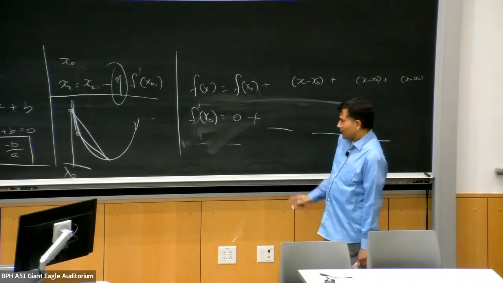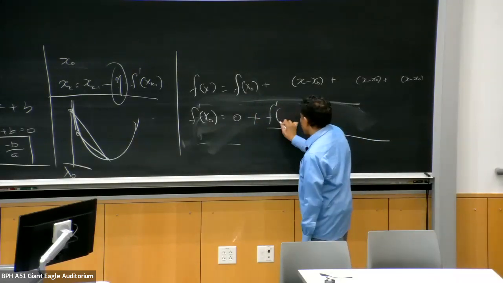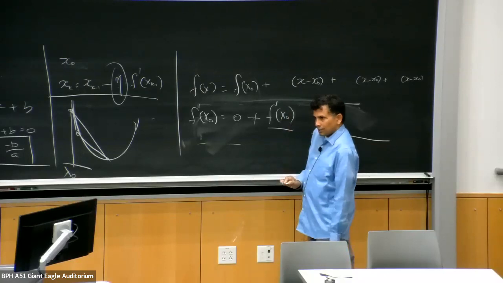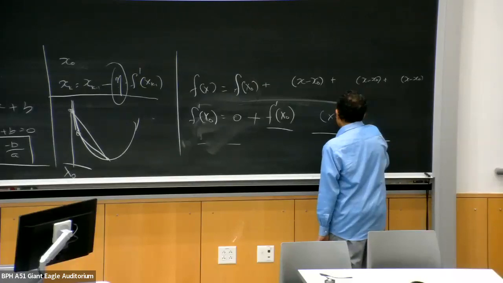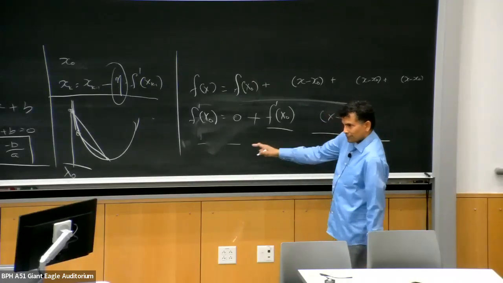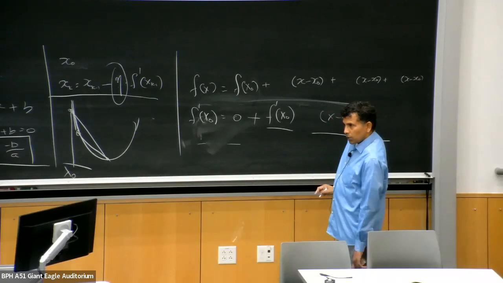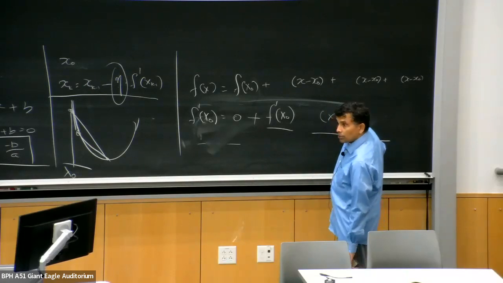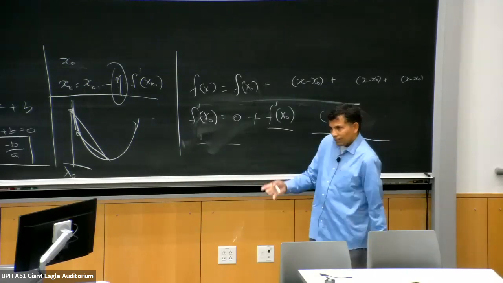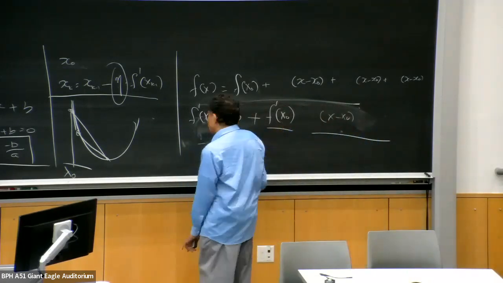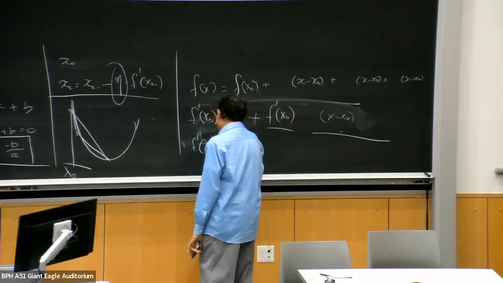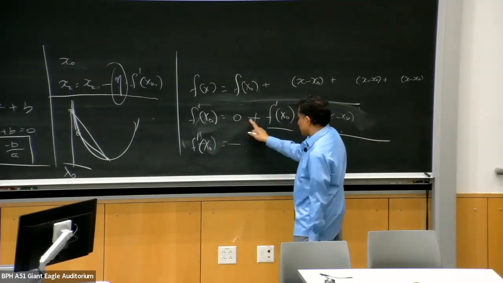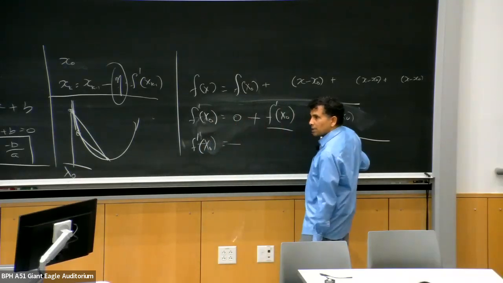I want the next term to be f prime of x0, and whatever remains to be functions of x minus x0 as well, because these should not contribute to the first derivative. That makes sense? If I take a derivative of the right hand side again, both of these will become 0, but the next term must show up.